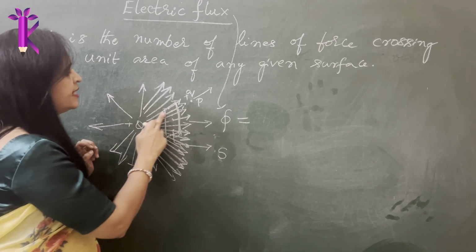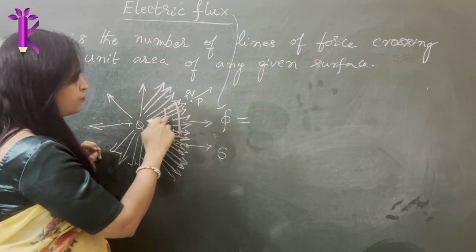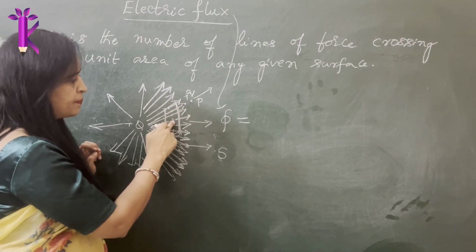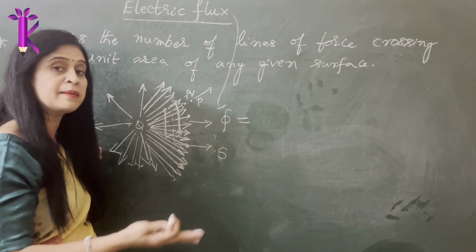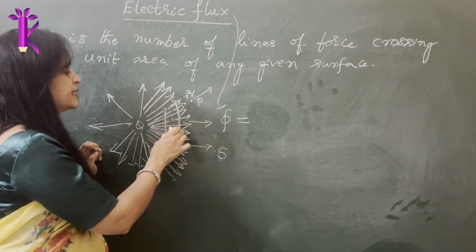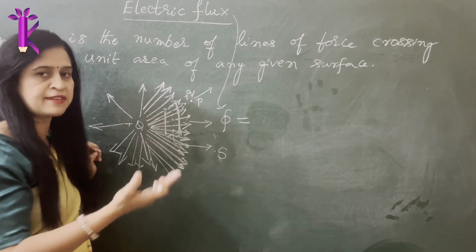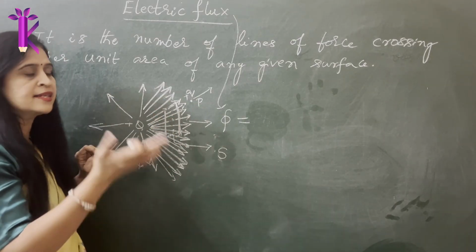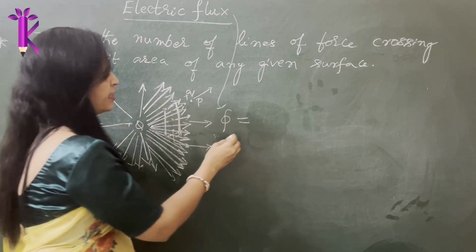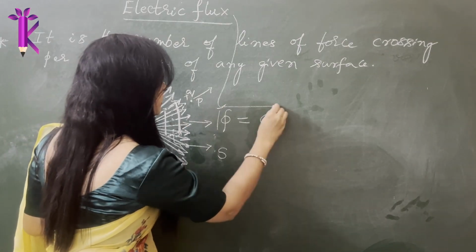These are the number of electric field lines passing through this given unit area. What do you mean by unit area? Suppose you have 1 meter, 1 meter, 1 meter, 1 meter. Of course, I have taken a rectangle, but you have to assume it to be a unit area. It has to be a square. So the flux in this case is 6.